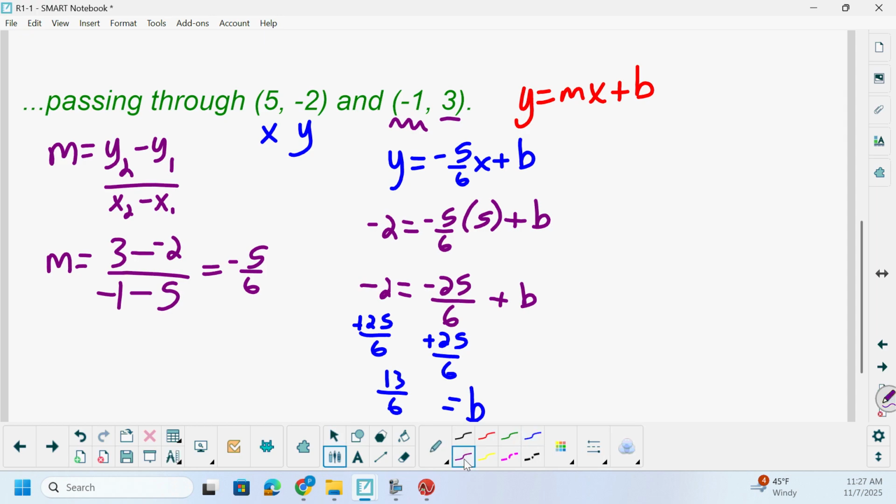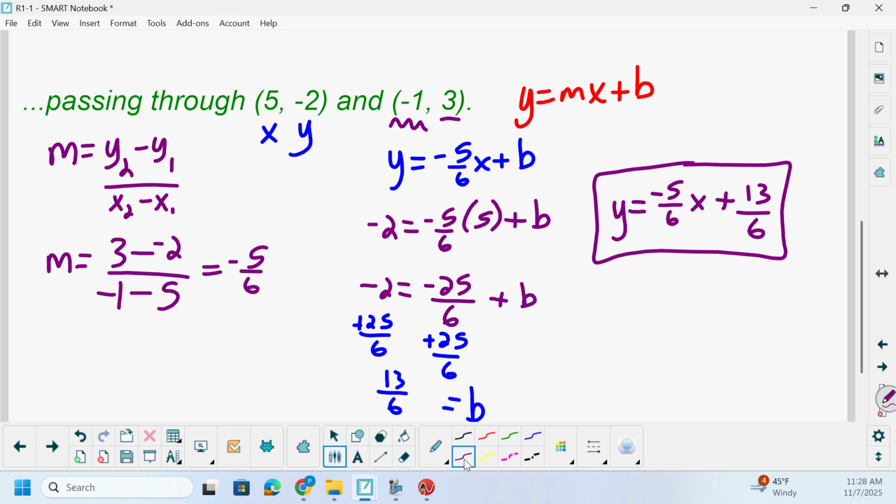So we'll put it all together now. In that red equation, we'll have filled in now the m and the b. So negative 5/6 x plus 13/6. And that is our equation that will pass through both of those 2 points that were given to us. Again, number 1 on the homework should be very similar to that.